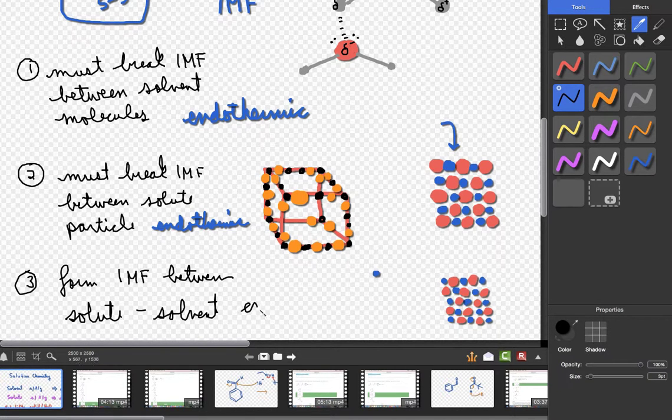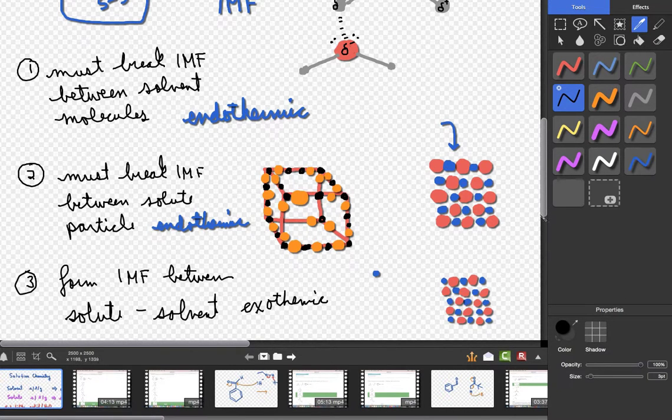This is necessarily exothermic. Now, the solvation process will either be exothermic overall, or it will be slightly endothermic, but it will produce a greater entropy than we had with the sum of the solvent molecules bonded to each other and the solute molecules or particles bonded to each other.